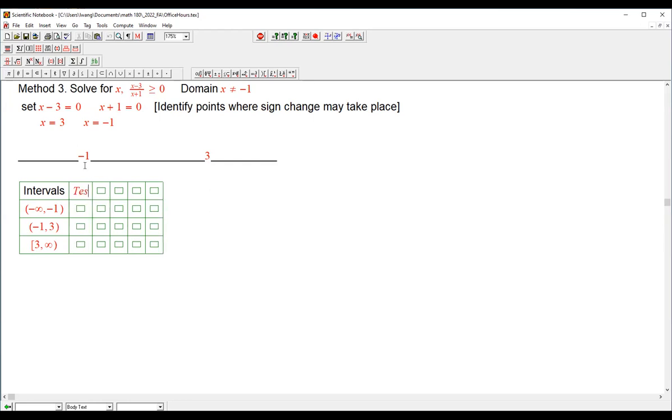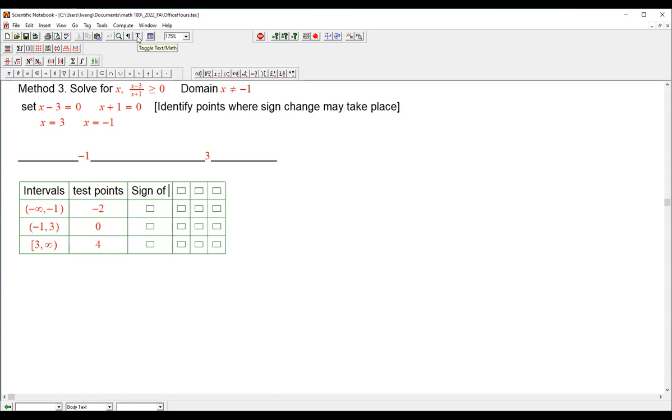Now, test points. On these test points, of course, we're going to pick -2, and the next one we can pick 0, and this one we can pick 4. And then we're going to look at the sign of x minus 3, right?